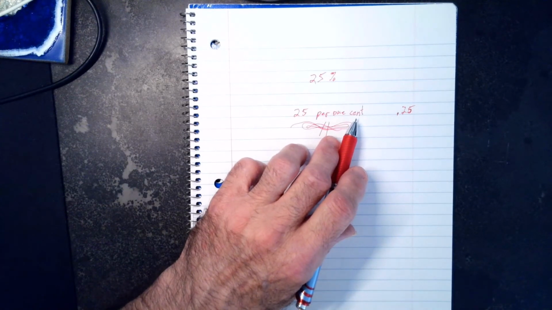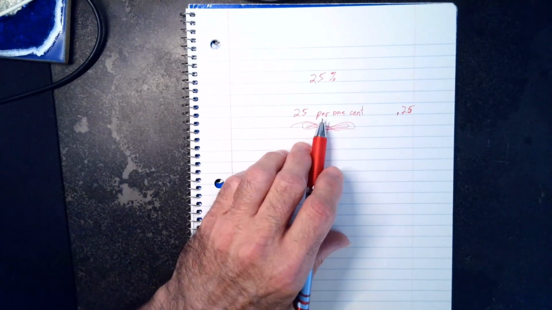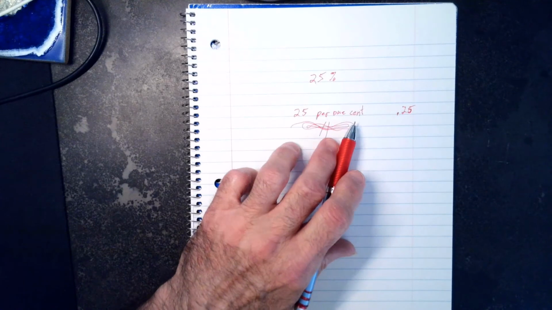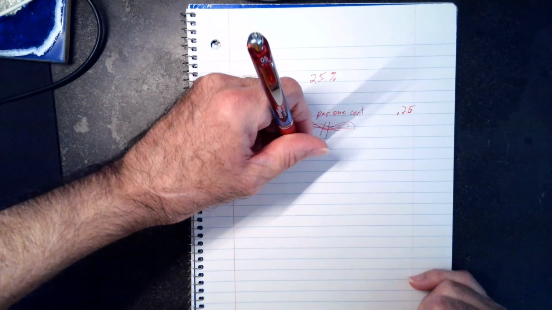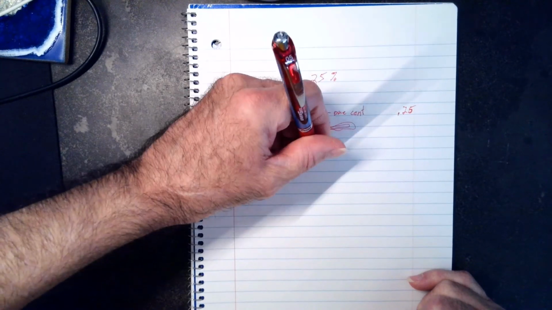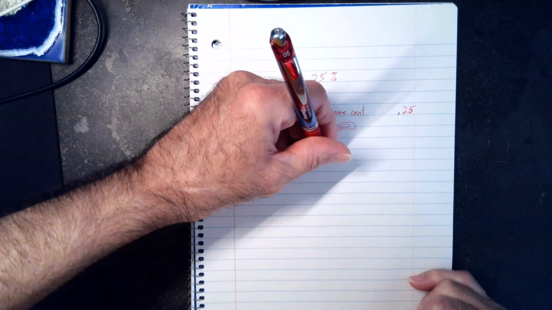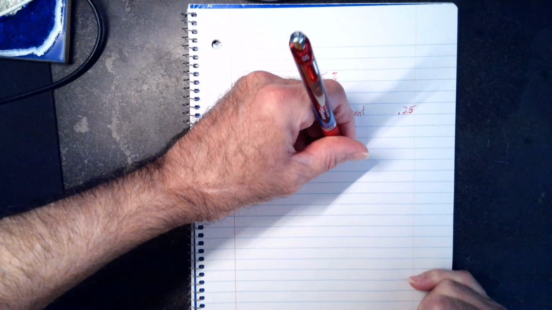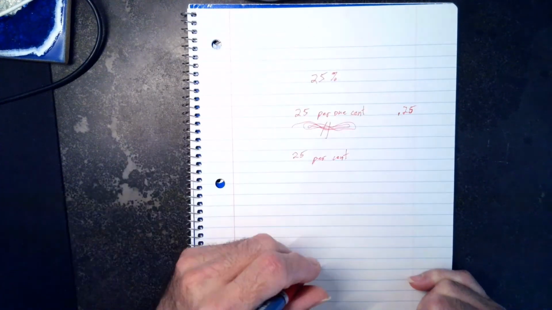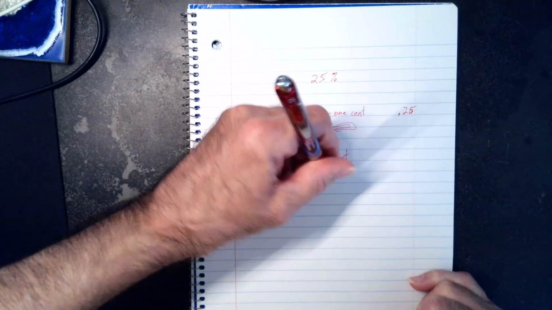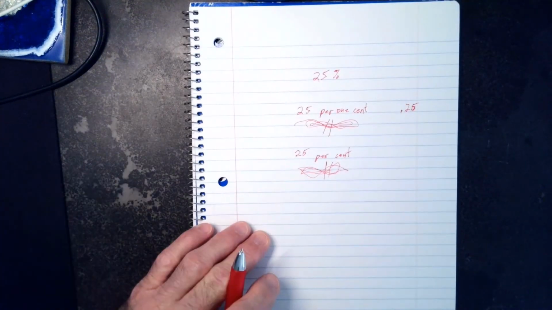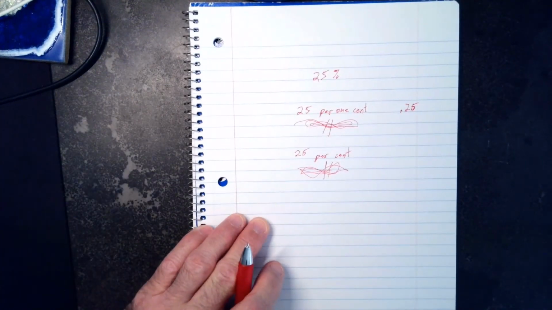So let's go a little further. They decided that 25 per 1 cent was too much, so they shortened it a little bit and did 25 per cent, and then the flourish and the double hash, and there it is still again, 25%. So that's where that came about.